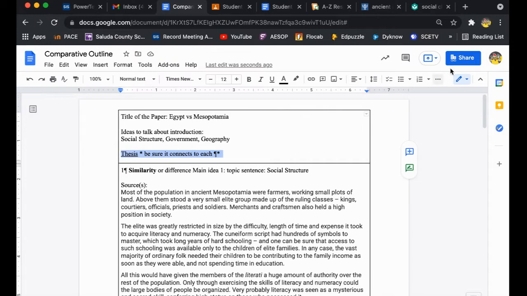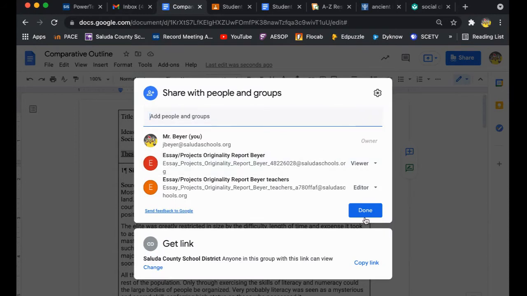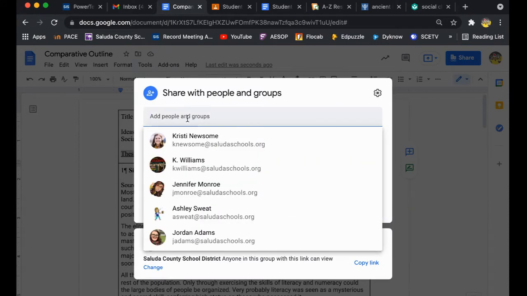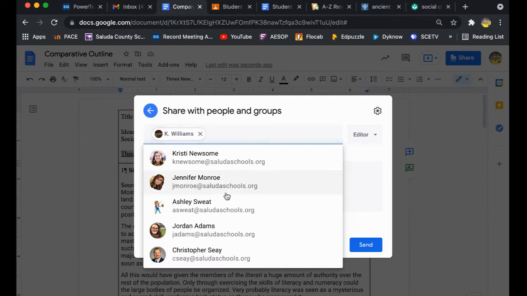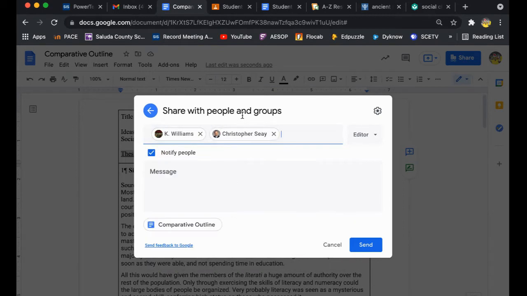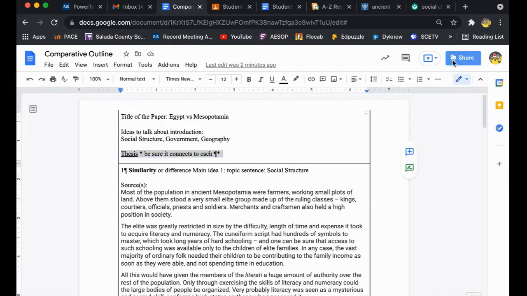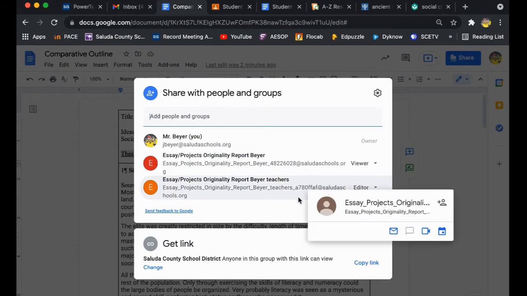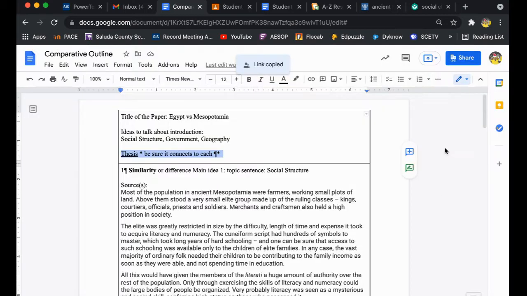So remember, y'all have to, for students, y'all have to be sure to share it. So like maybe I want to share it to Miss Williams and have her as the editor, and then or Mr. C. So those are examples right there. And also remember, when you do share, after you do share it, I need you to copy the link and make an email as well.